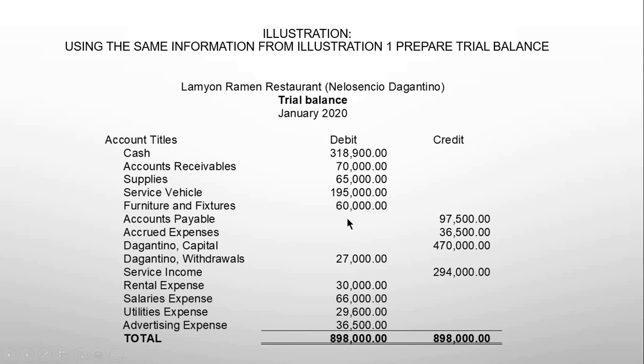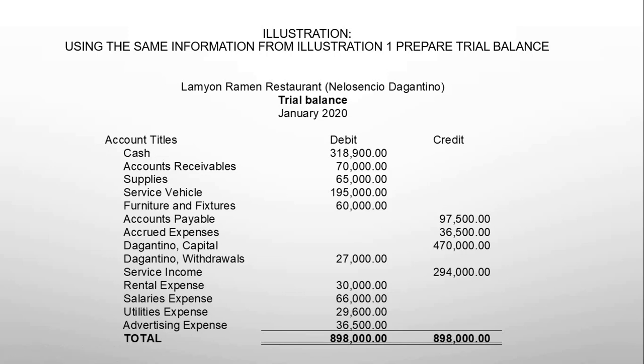After which, we sum all the debits and sum all the credits. As you can see, the total debit is 898,000 and the total credit is 898,000. For this, we can say that the debit is equal to the credit. The sum of the debit equals the sum of the credit.